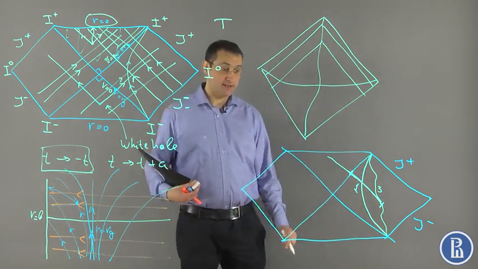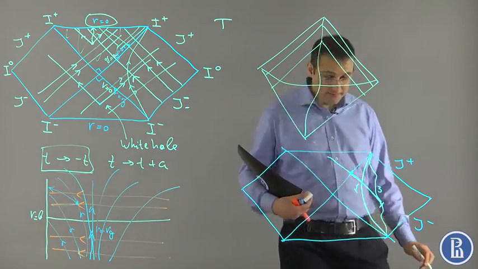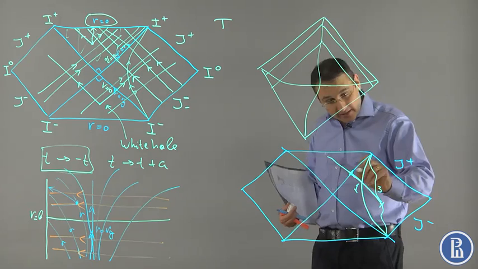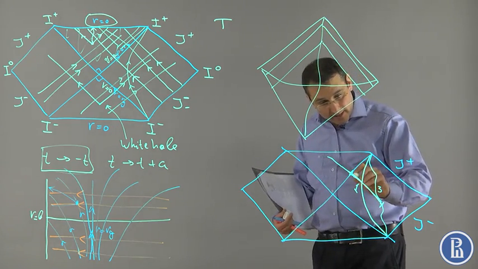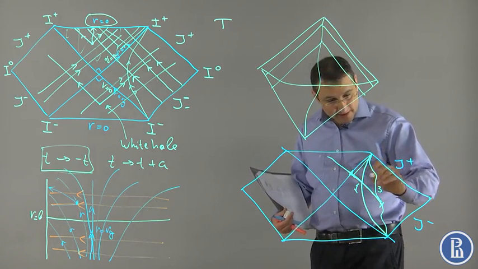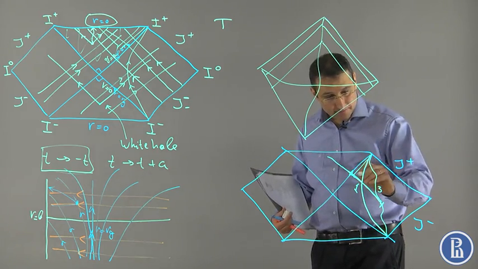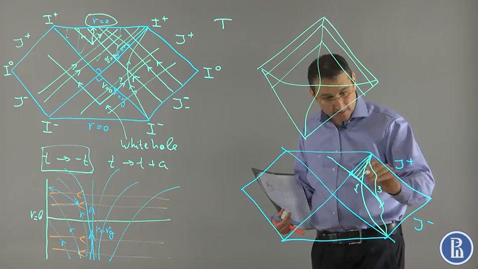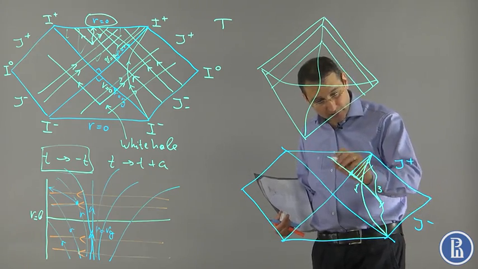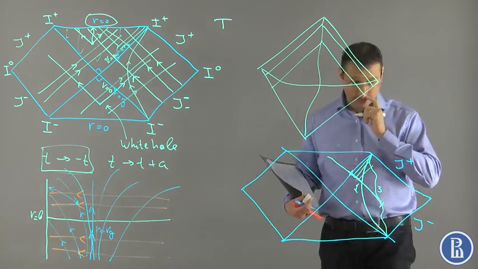But at the same time, one can see that this observer, which stays always outside of the black hole, will never see this object number 1 crossing the horizon.